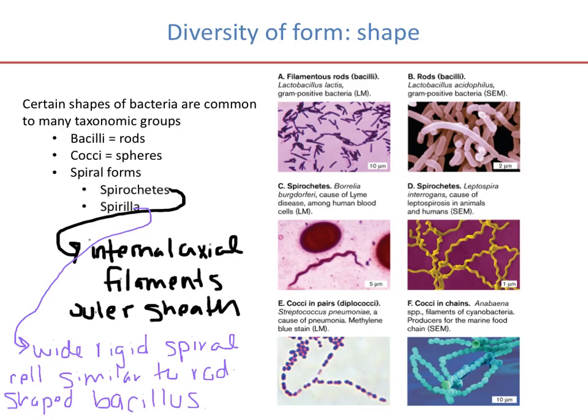So in general, when you're talking about the shapes of bacteria, particularly say in the context of 315 lab, where you'll be looking at cells under the microscope, these are the forms that you will see them take.